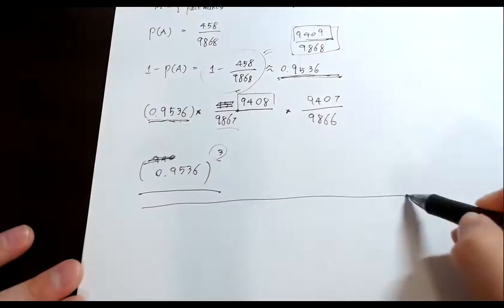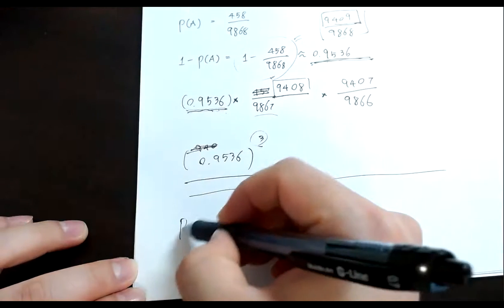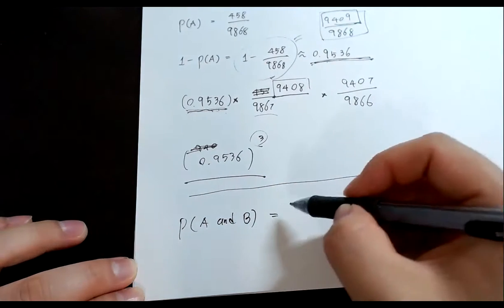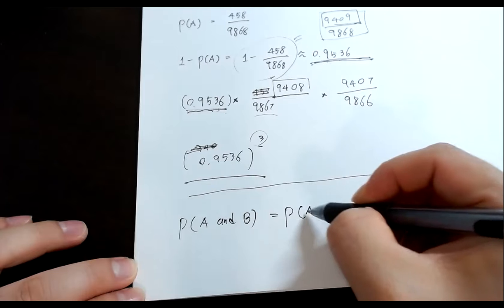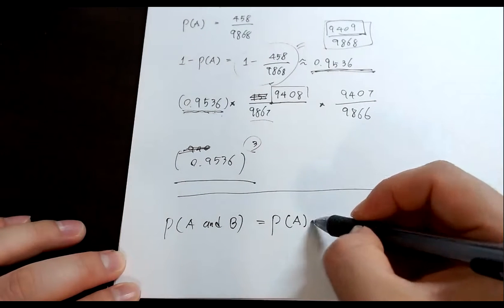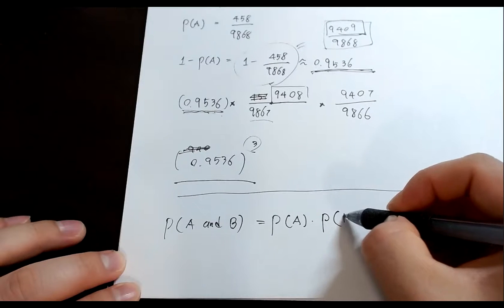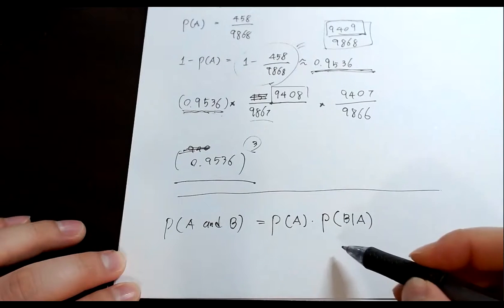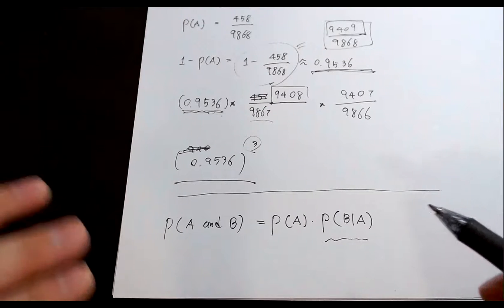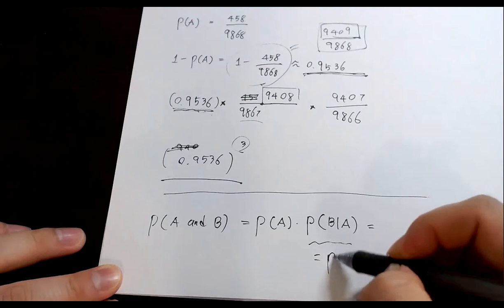Since replacement is allowed, the probability of A and B is going to be P of A times the probability of B given A. This is a conditional probability, right? But since replacement is allowed, the conditional probability is equal to P of B.